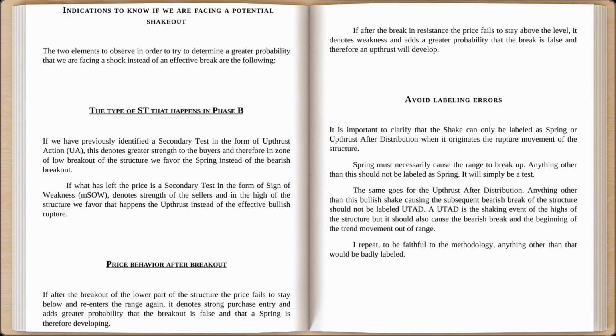If what has left the price is a secondary test in the form of a sign of weakness, SOW, it denotes strength of the sellers, and at the high of the structure we favor that the upthrust happens instead of the effective bullish rupture.